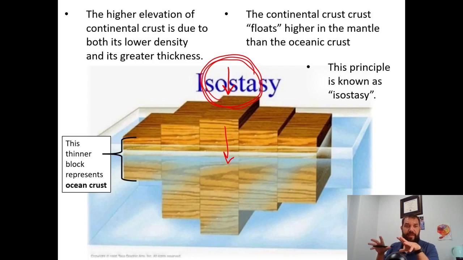When you stack ice like a glacier on top, you'll see this work out in this class a lot, as we progress. As you stack on more ice from glaciers, the crust, the ocean or the continental crust, will literally sink deeper into the mantle.